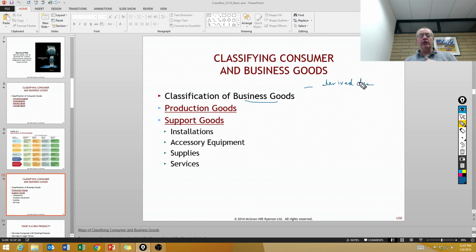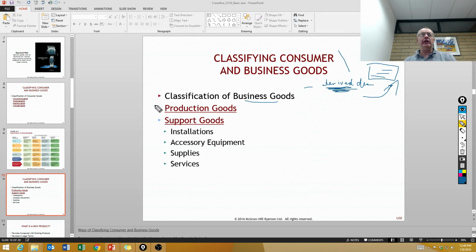The retail store where I buy my snow tires, Canadian Tire, buys snow tires because it's forecasting that its customers want to buy snow tires. If Canadian Tire figures we're not going to buy any snow tires this year because it's not going to snow, then Canadian Tire is not going to buy any. If there's no end consumer demand, no household demand, then the industrial firm is not going to have any demand from the tire manufacturers.